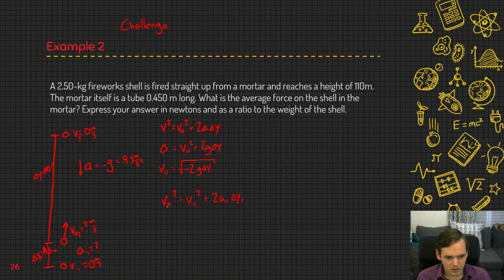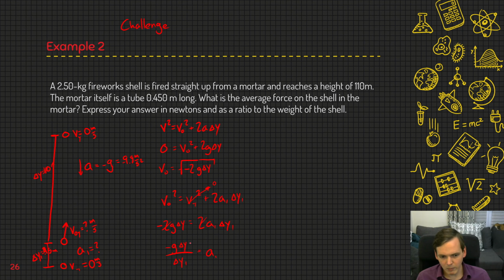And that means v negative 1 squared is 0. So we have negative 2g delta y is equal to 2a1 delta y1. The 2's can cancel, and we'll get negative g delta y over delta y1 equals a1.